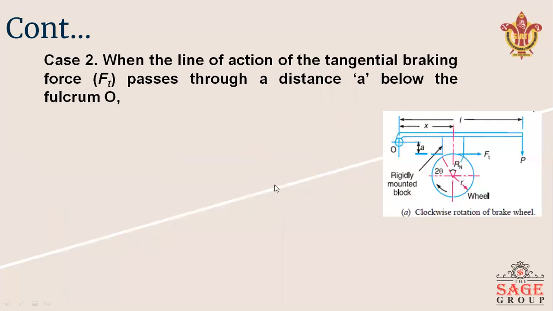And the second case: when the line of action of the tangential braking force passes through a distance small a below the fulcrum O. Here you can see this in the diagram for clockwise rotation of the drum. Similarly, we have to calculate the value of the braking torque. We take the moment about the fulcrum O for clockwise rotation of the drum.